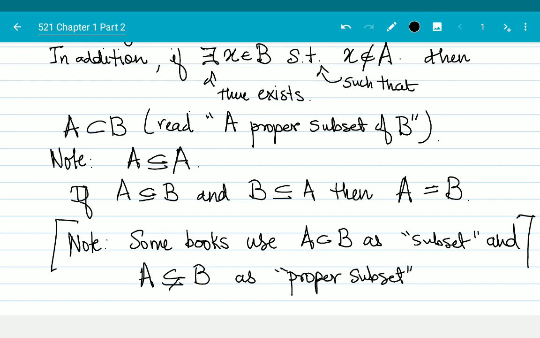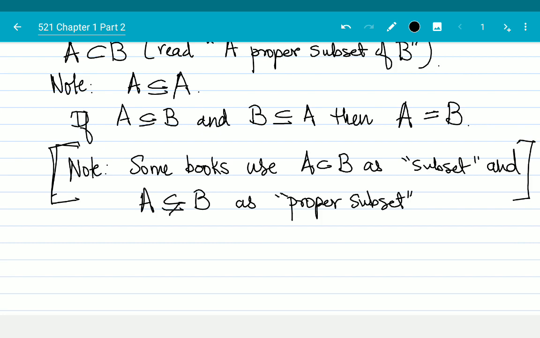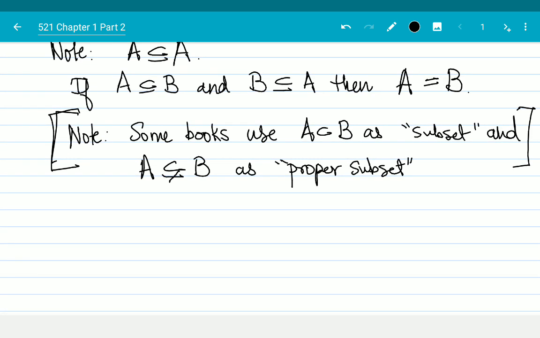Most of the time we'll be using subset. This is our standard notation and definitions.